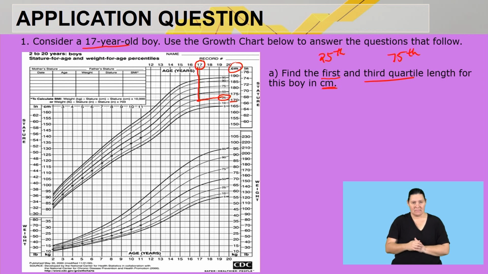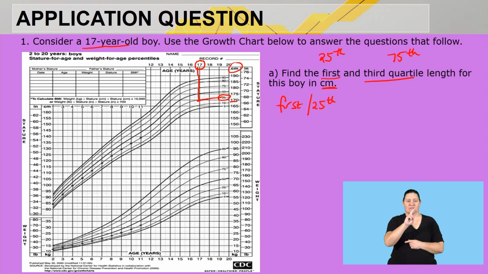I will write this down as the first quartile, as indicated. Remember, first quartile is the 25th percentile, and in this case we see that equals 170 centimeters. Guys, I hope that's clear to you.